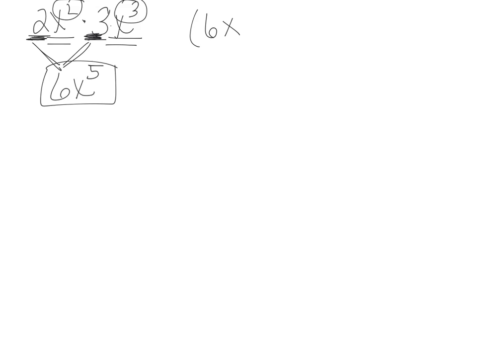So let's look at this one. What if I had 6x squared y cubed and 3xy to the 4th? Notice 6 and 3. They're coefficients. What do you do with coefficients? You multiply them. 6 times 3 is 18.